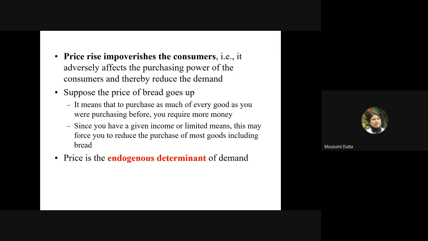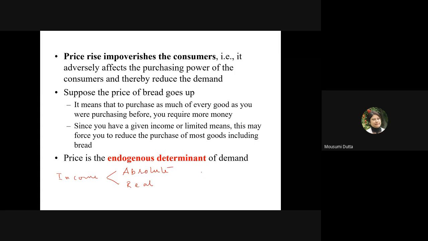For the price, I mentioned the nominal price and real price. For income too, I need to think about absolute and real.